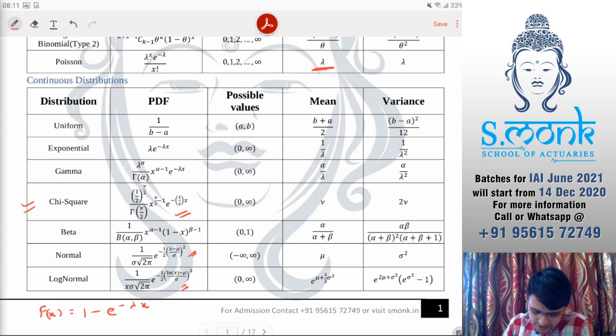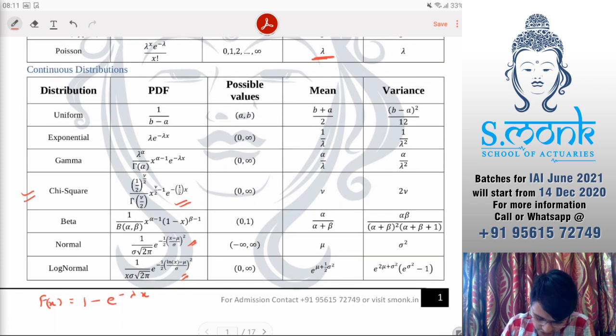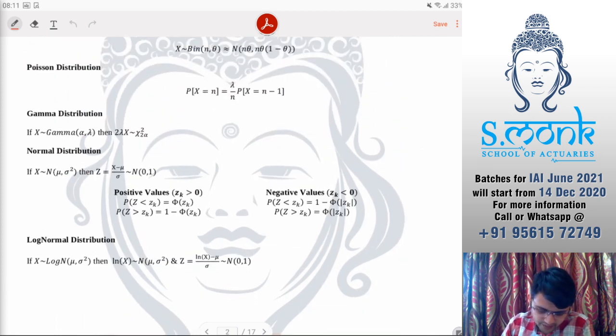That is our special case. Now, mostly knowing about the distributions, I don't think there will be any problem here. It's about finding probabilities.